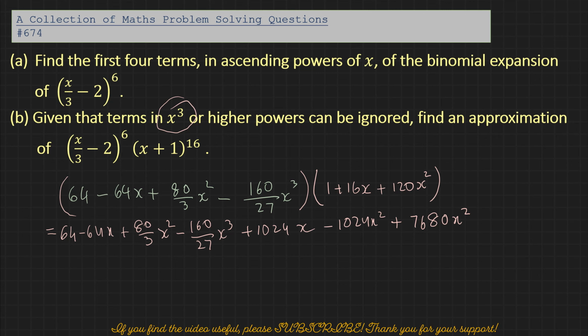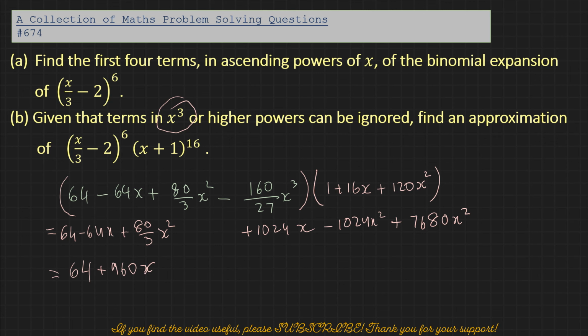So this is all I need to simplify now. 64 comes down as it is. For the x terms, 1024 minus 64 gives me 960x with a plus sign.